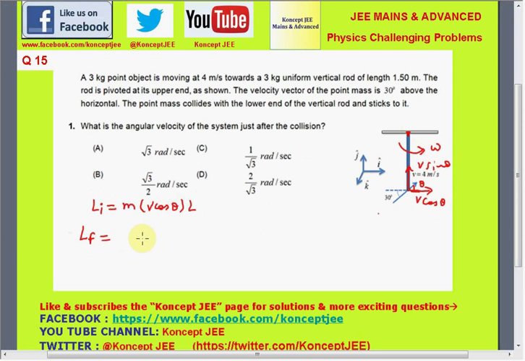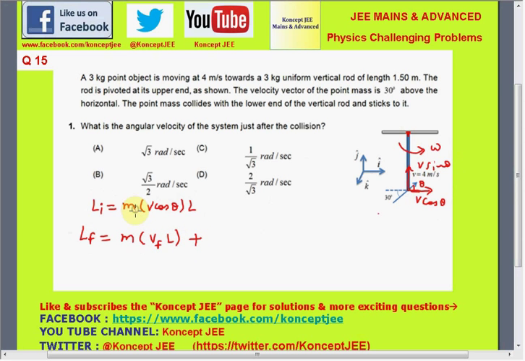I can write the angular momentum due to the point mass as m v, let's say the velocity of the point mass is vf, into L. So this is the angular momentum of the point mass.